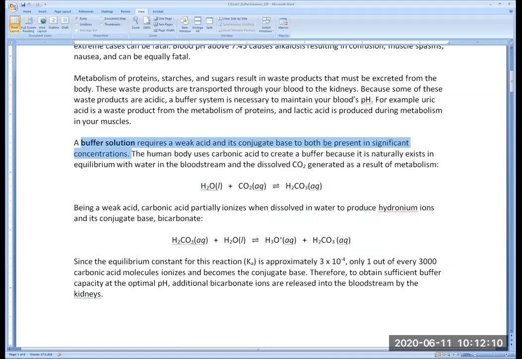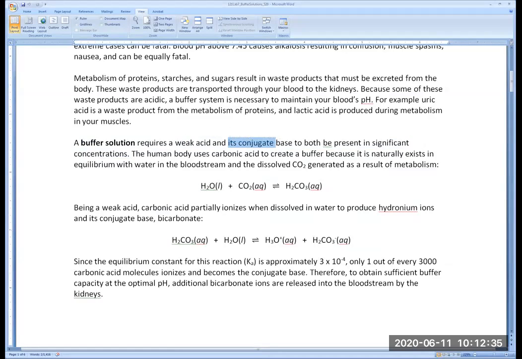So all words are important here. The acid has to be a weak acid. And then the conjugate base has to be the conjugate base of that acid, right? Not any conjugate base, but the conjugate base of that acid. And they both need to be present in large amounts so that they can do their job of buffering.